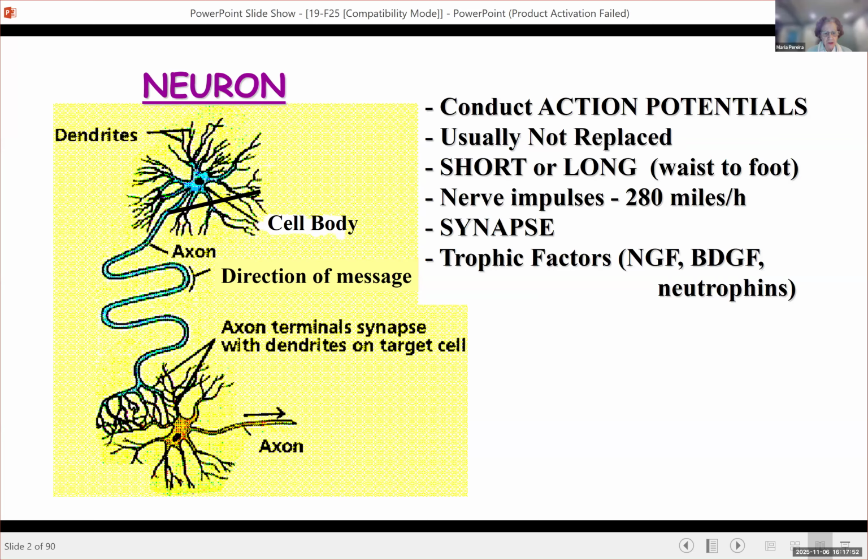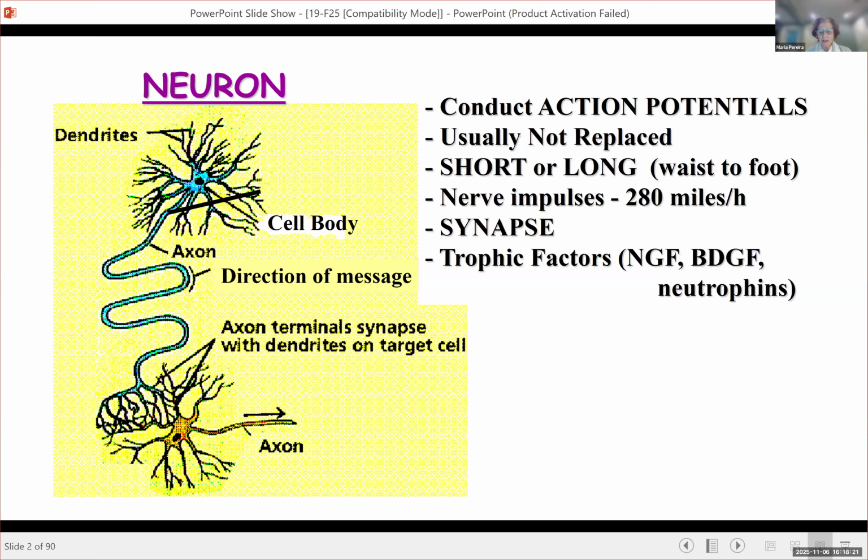You see the axon, just a partial axon. You see the dendrites, and they are synapsing with the axon terminal of this blue axon. So there's a lot of interaction and movement going from the cell body all the way to the axon terminal, and from the axon terminal all the way up. So it moves in both directions.